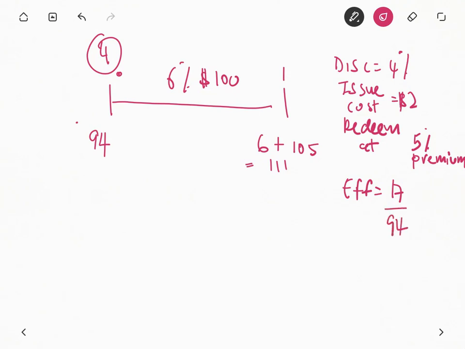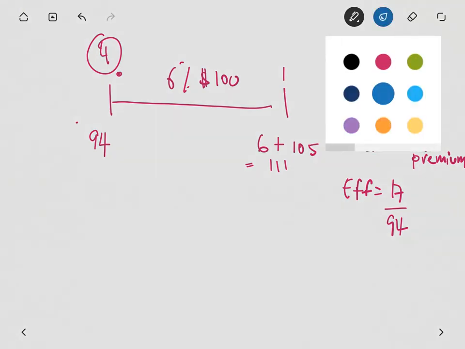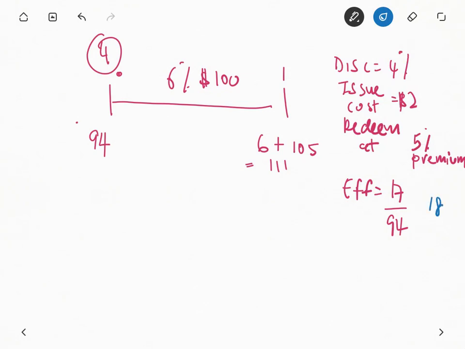The 94 that I have in hand, I have to pay $17. So how many percent? 18.1. Very expensive, this loan.